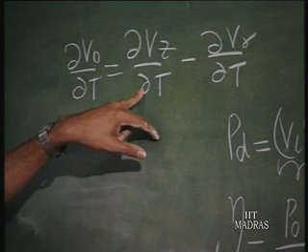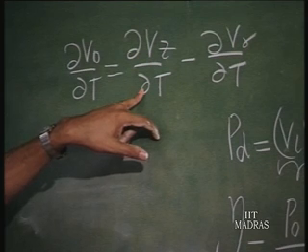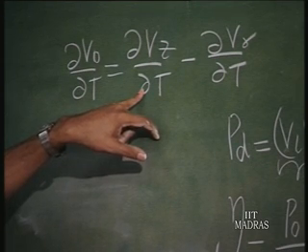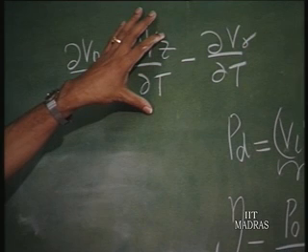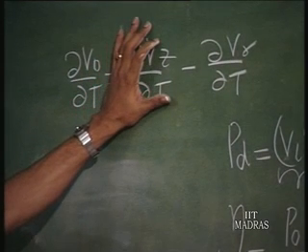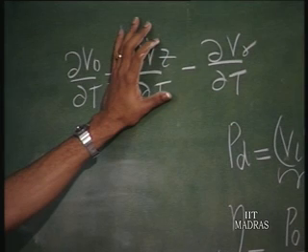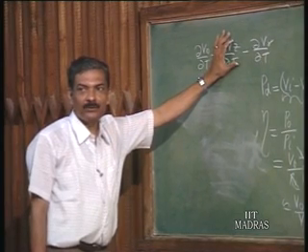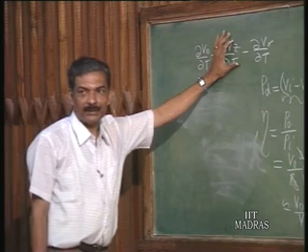Delta Vz by delta T, for a specific Zener diode, if it is an avalanche diode, it will have a positive temperature coefficient. If it is a Zener diode with Zener mechanism dominant, then it will have a negative temperature coefficient. Typically, if it is some 7 to 10 volts Zener breakdown, then delta Vz by delta T will be about 2 to 2.5 millivolts per degree centigrade.